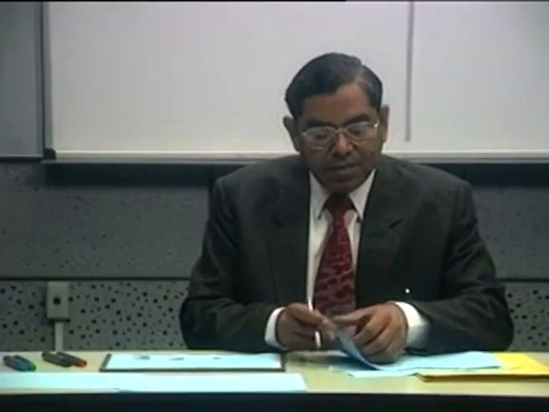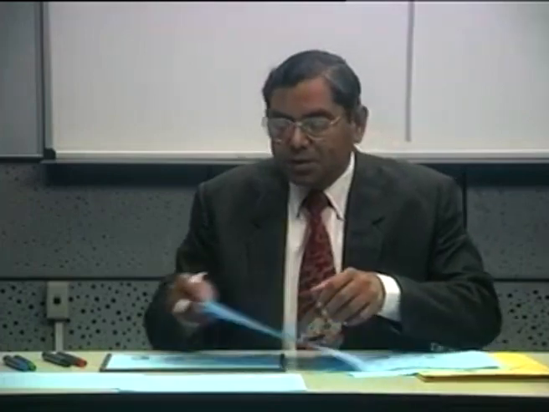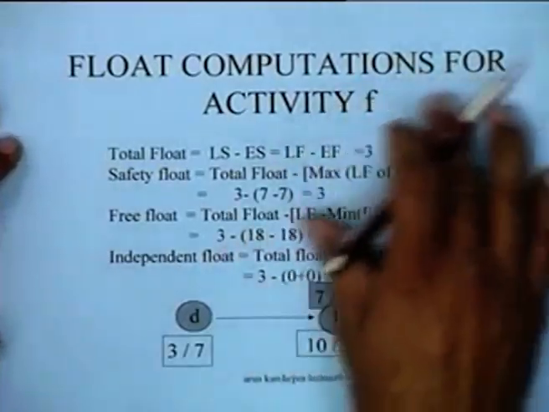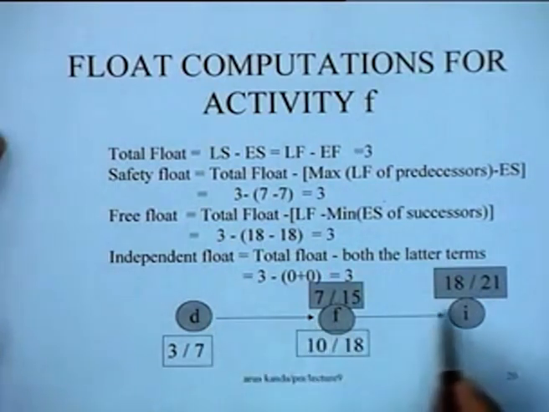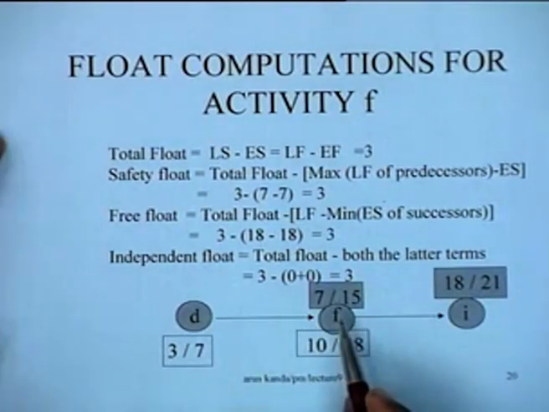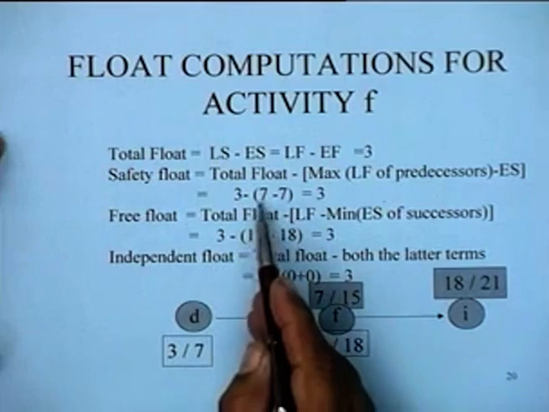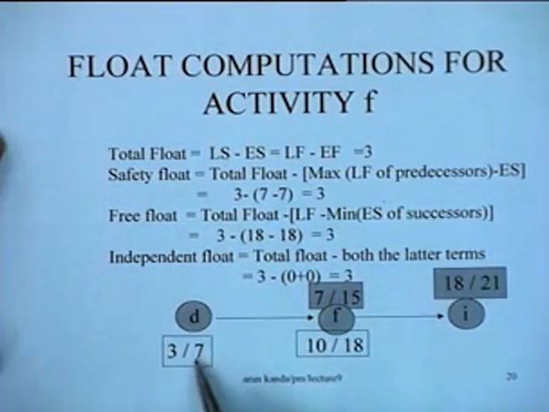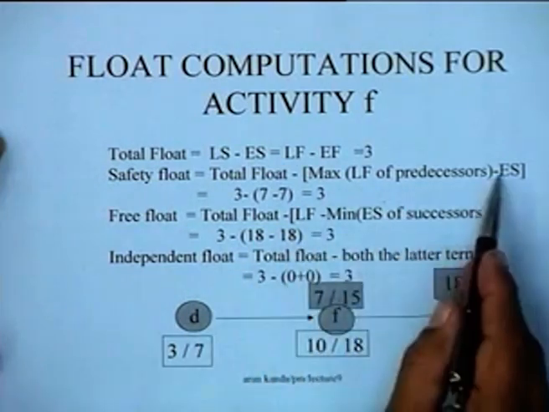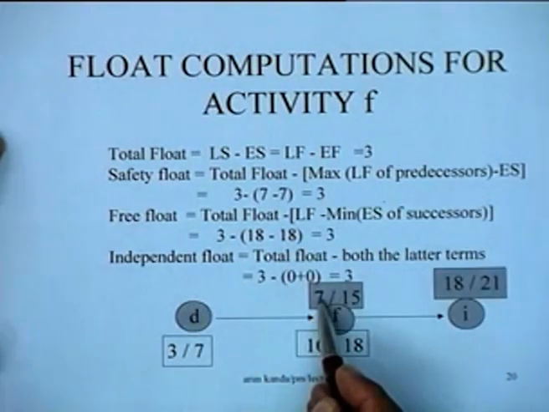In fact, something similar could be attempted for activity F. Activity F was a unique activity which had only one predecessor and one successor. So the minimand and the maximand would be very trivial for this activity. The total float is the maximum of the late finish of predecessors, which will be 7, minus 7, the early start of this activity is 7.